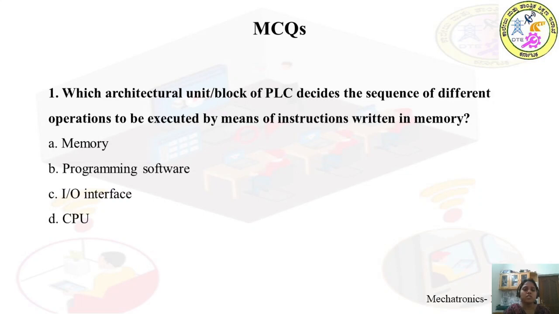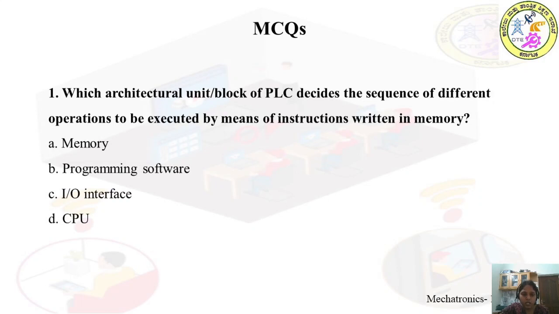First one: which architectural unit or block of PLC decides the sequence of different operations to be executed by means of instructions written in memory? Once again, I'll read the question.